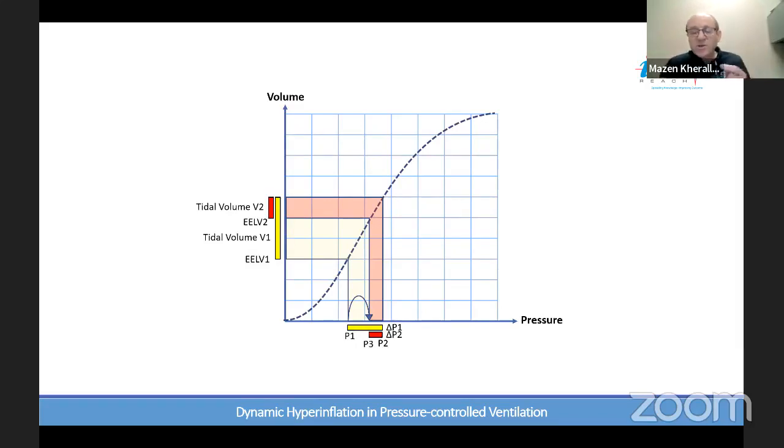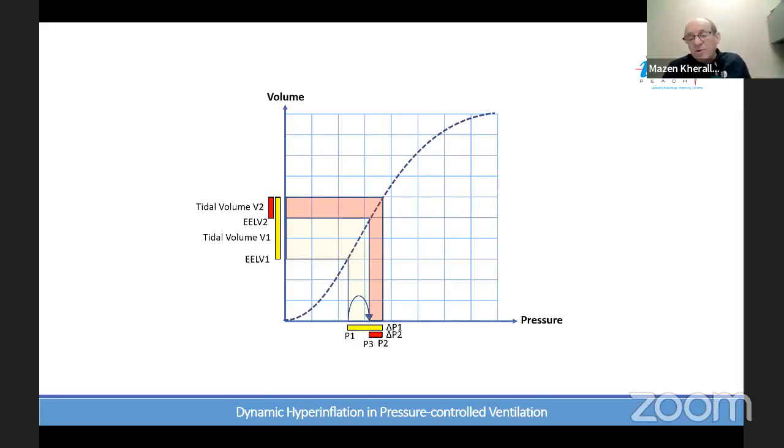So if you have a patient who has both ARDS and asthma or severe bronchospasm, their resistance would be increased, their compliance will be decreased. The time constant is variable of course, but if the increase in the resistance is similar to the decrease in the compliance, the time constant is normal, and it is unlikely that they develop air trapping.